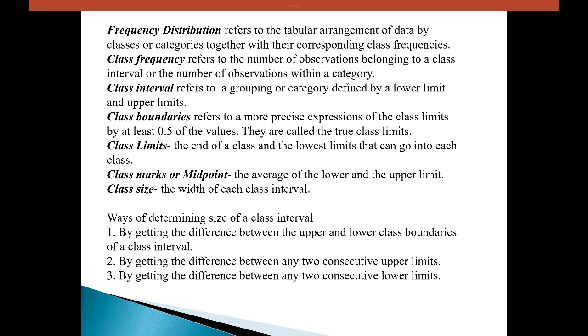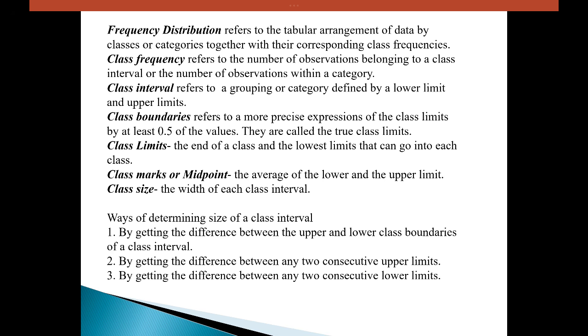Class boundaries refer to a precise expression of these class limits by 0.5 of the values, so they are called the true class limits. It is just minus 0.5 on the lower limit and plus 0.5 on the upper limit. That's your class boundaries.